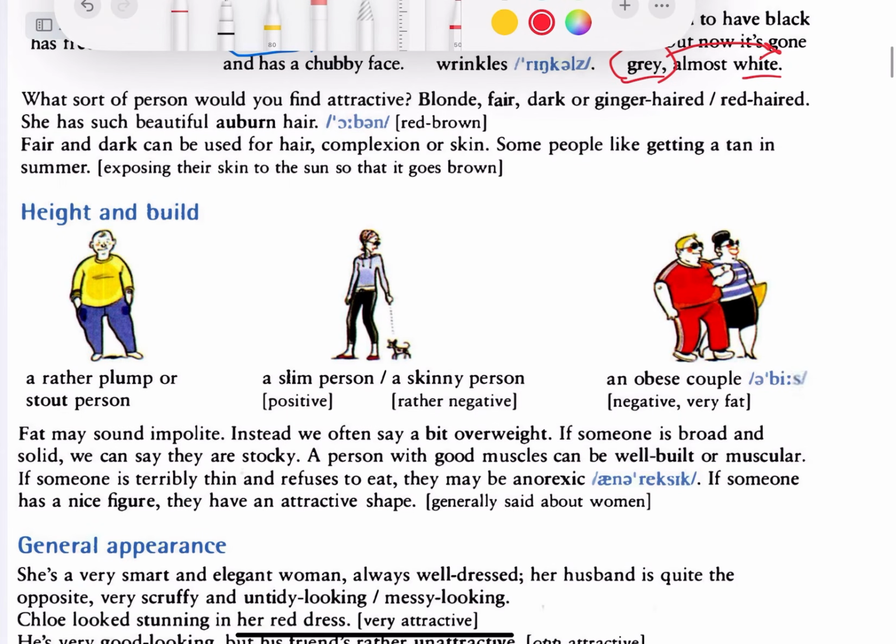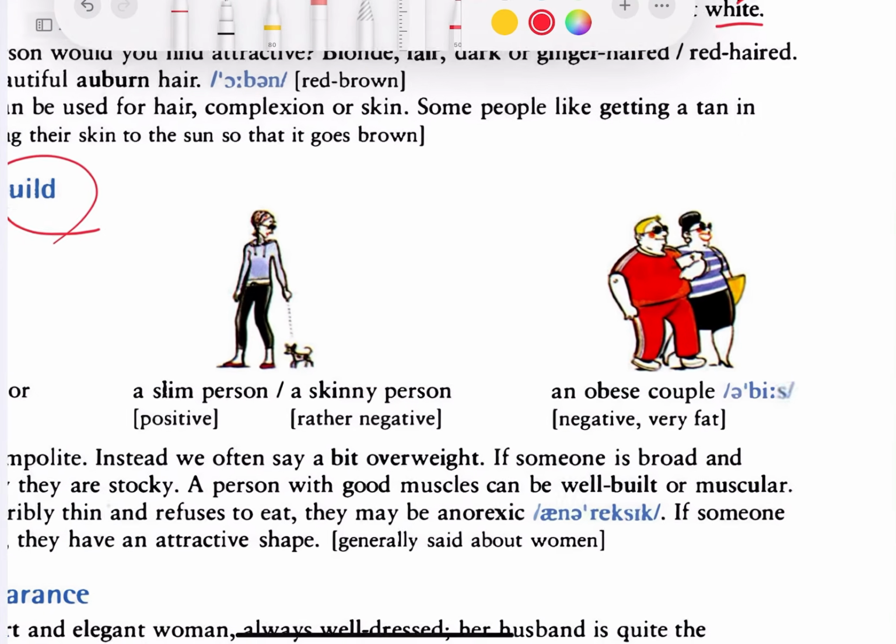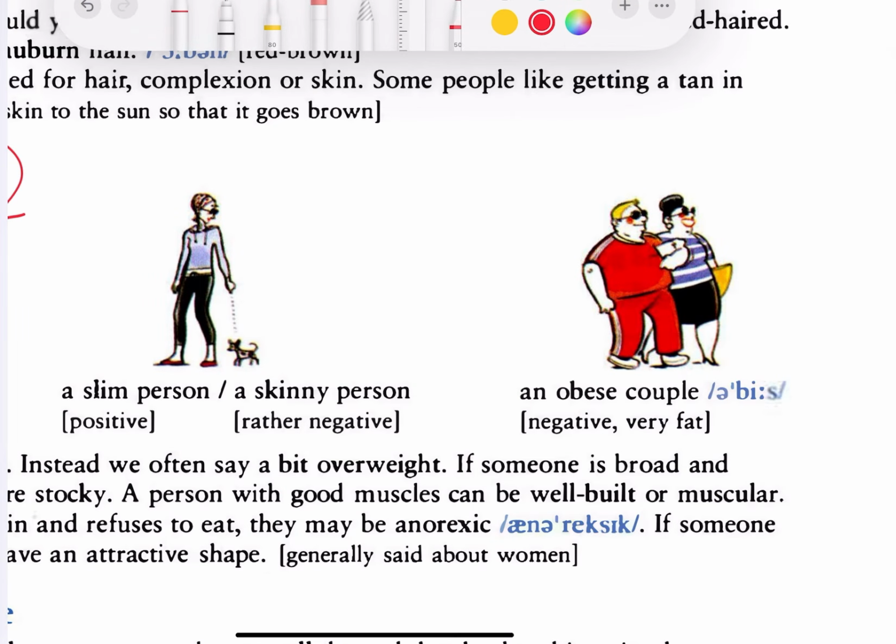Now let's talk about height and build. Look at her. She looks thin, right? We say she's slim. Slim is a positive word, if we want to say that she is thin in an attractive way.